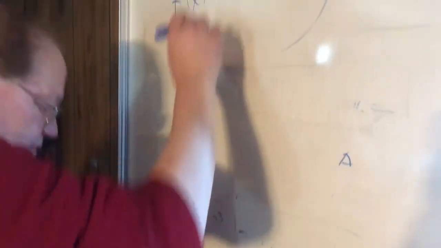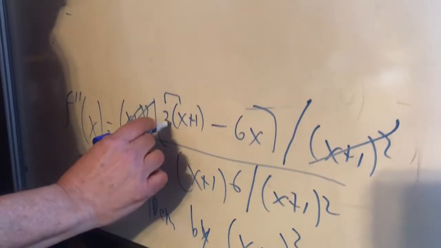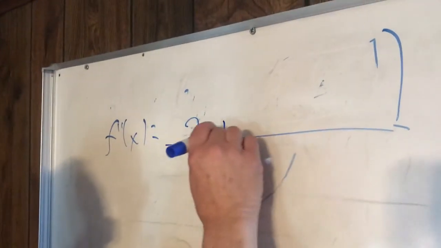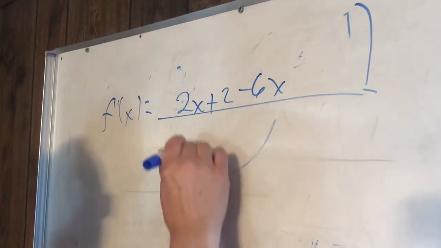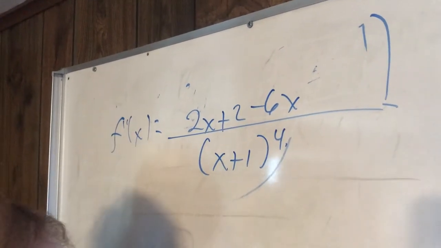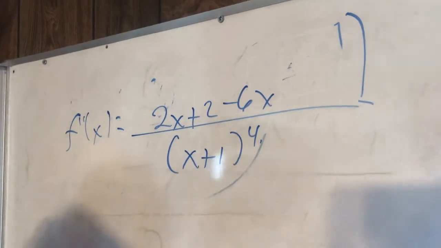So f double prime of x is going to equal 2. Well, let me expand this to 2x plus 2, 2x plus 2 minus 6x over (x plus 1) to the fourth. I can simplify that a little bit more too.